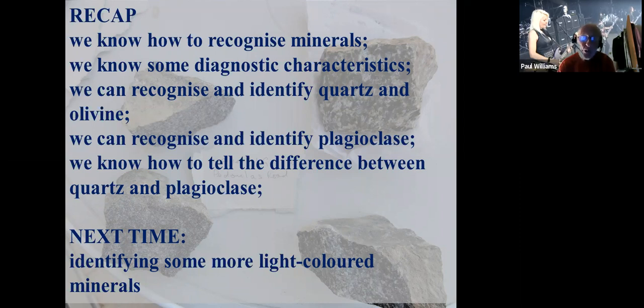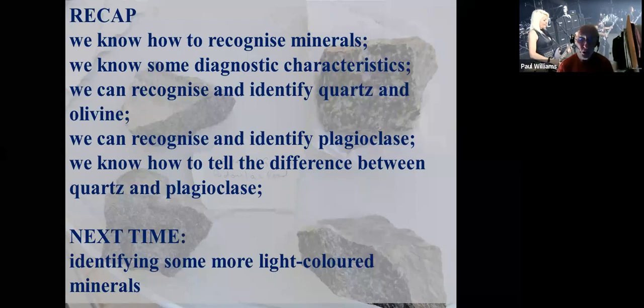We've also had some practice recognizing and identifying quartz and olivine. And like I said, being able to identify quartz and olivine is very useful in igneous rocks, because we can put the two rocks into totally different categories of that igneous rock spectrum.